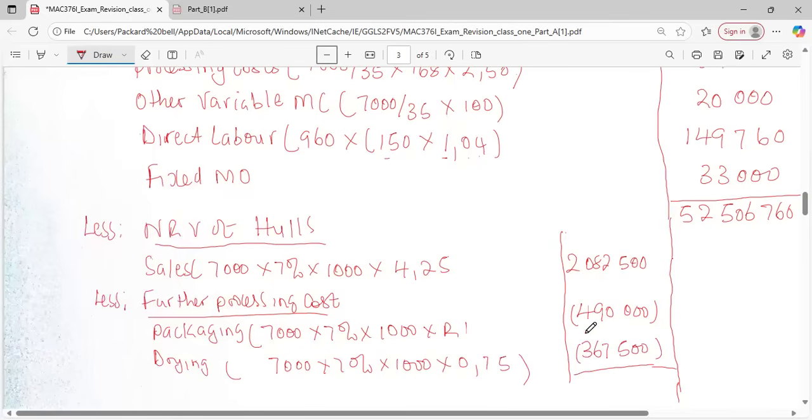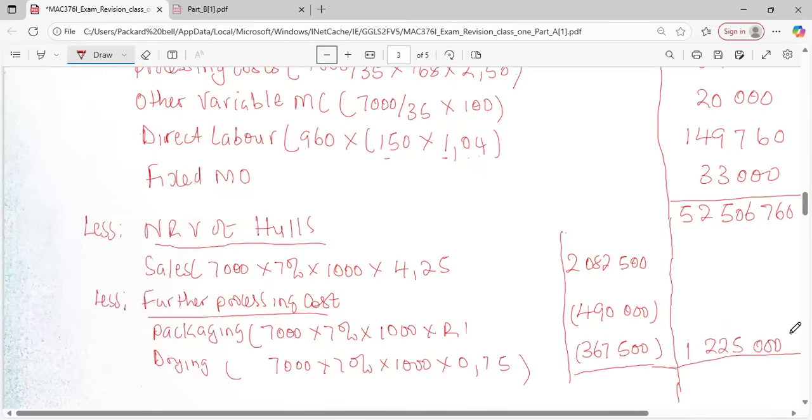Then we take out this further processing cost. Then we can have our net realizable value. It is 1,225,000. Am I correct? Yes.